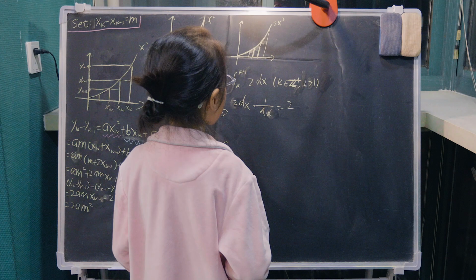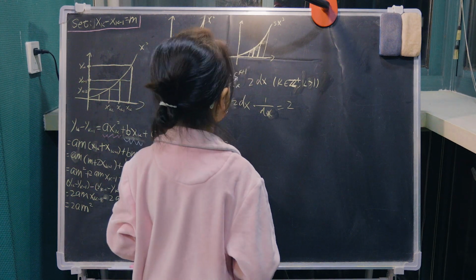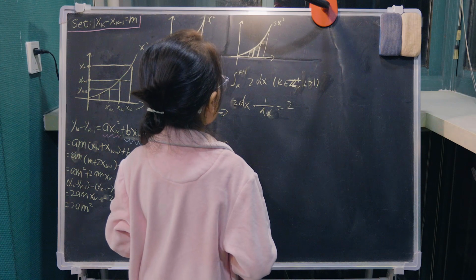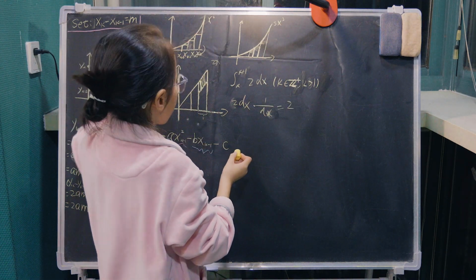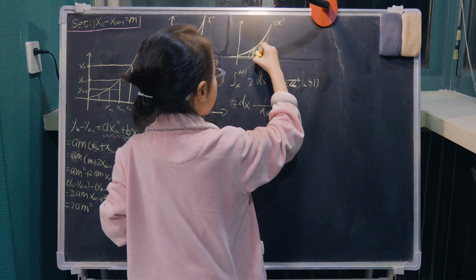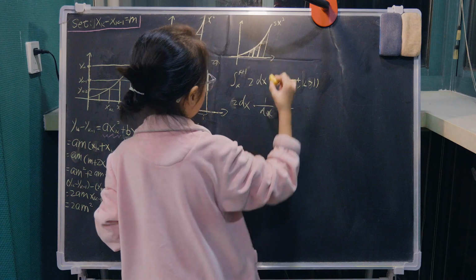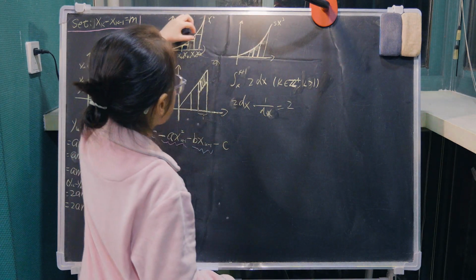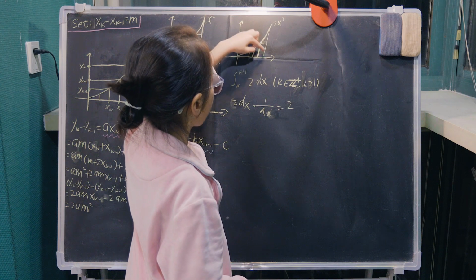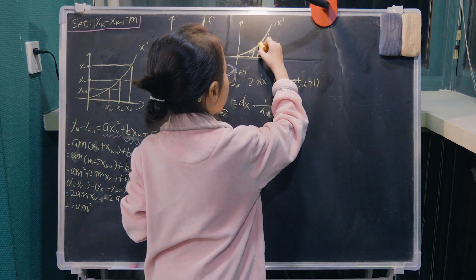So let's see here. Because these are different, we are thinking about this area and this area and this area. This is a little bit hard, but actually the same. Now we use this minus this, which is this area minus this area.